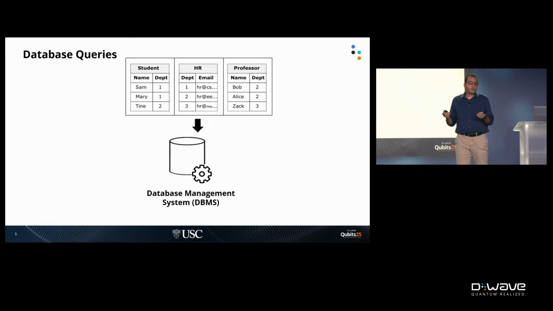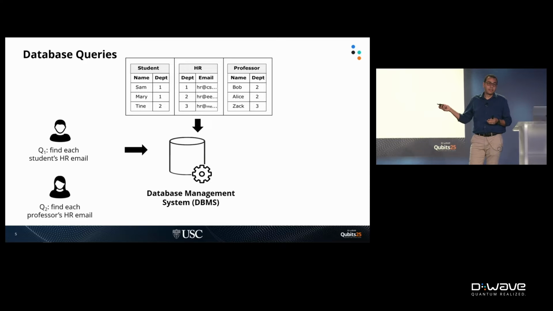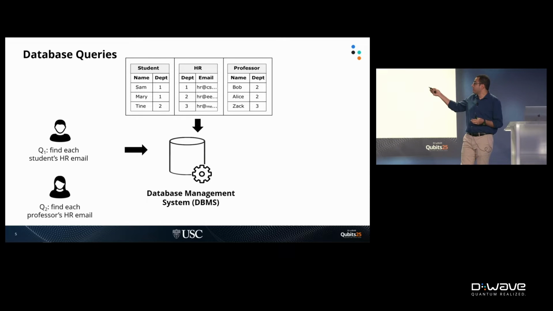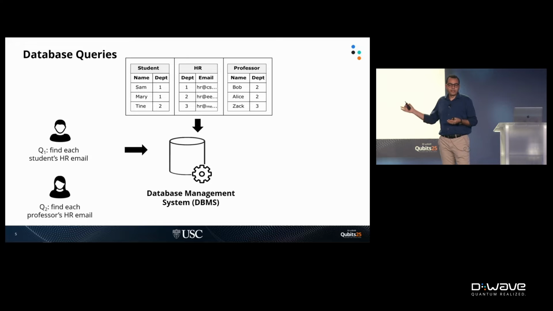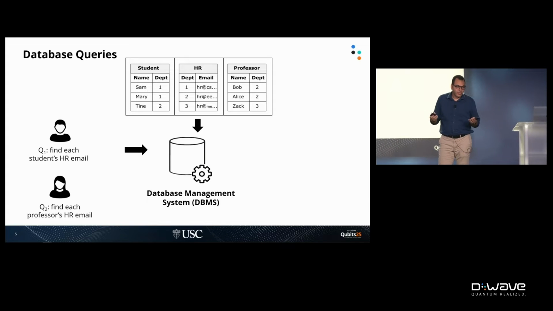Assume that we have simple queries like these. We have some users issuing the Q1 and Q2 queries. These are very simple queries. The first one is trying to find, for each student, the HR email of the department that the student belongs to. The second query is the same thing, but now for the professor, trying to find for each professor the HR email of the department they belong to.